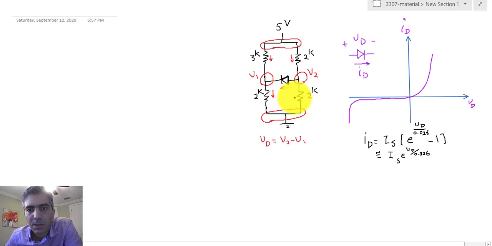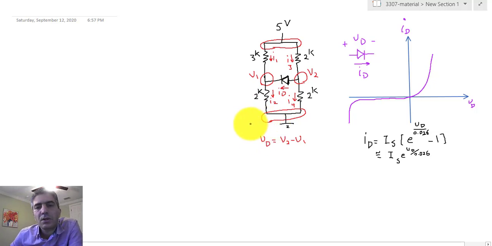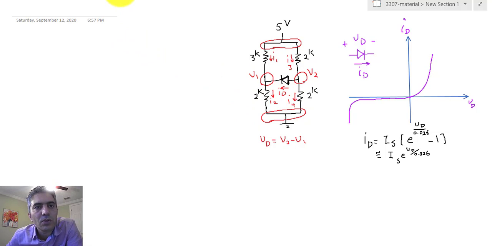This is the current that is passing through the diode. So I'm going to do I1, I2, I3, I4, and I'm going to call this ID. And with that, we are done labeling the circuit.